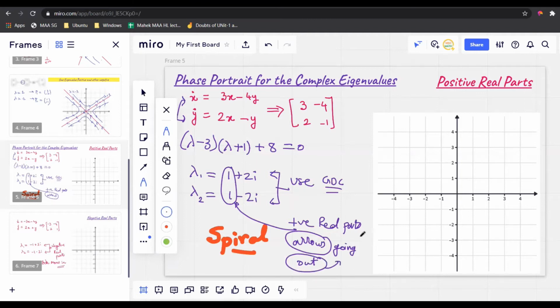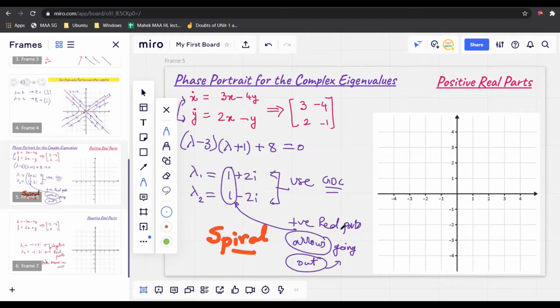Arrows will go out. So now how do we understand whether it is an anti-clockwise or clockwise spiral? Arrows will be going out, that is for sure, because it is positive real parts. So how do we know it is going clockwise or anti-clockwise?